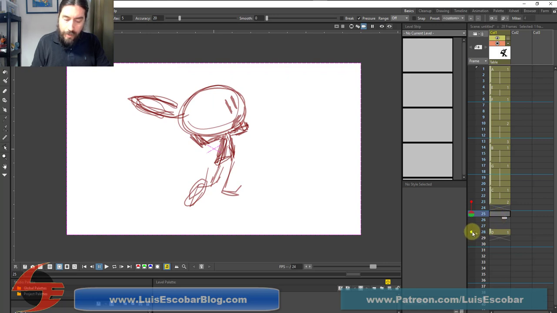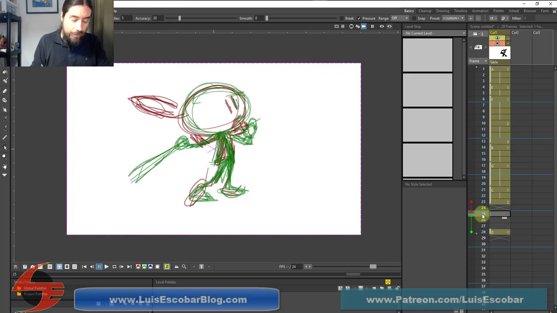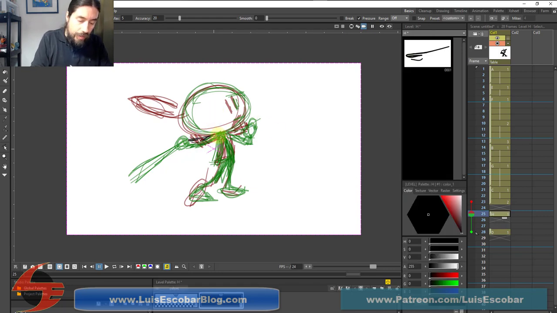And then these arms reach this point sooner. This arm starts to move while the head is still generally in the same area.